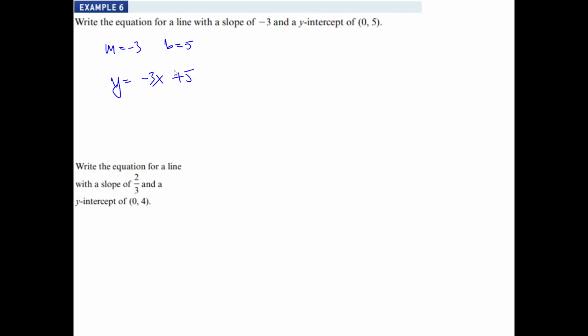Any questions? Full line, try this one. Right? That's it. Just plug two values into equation.